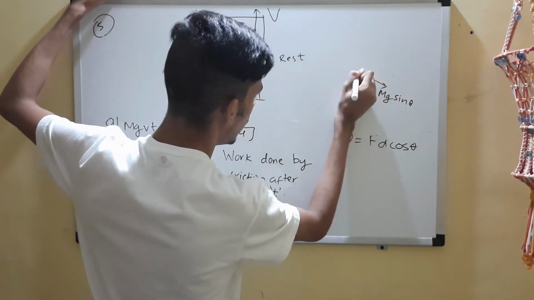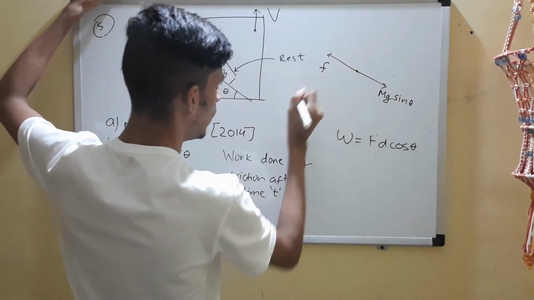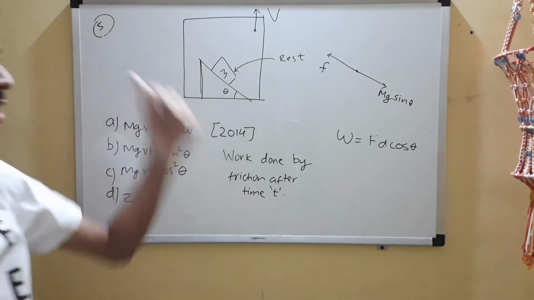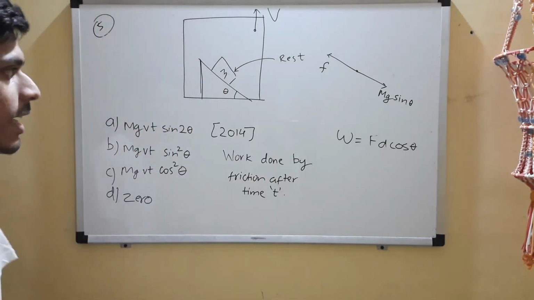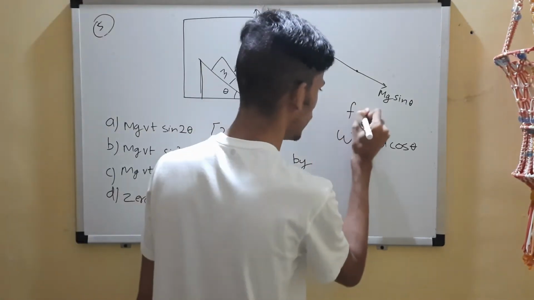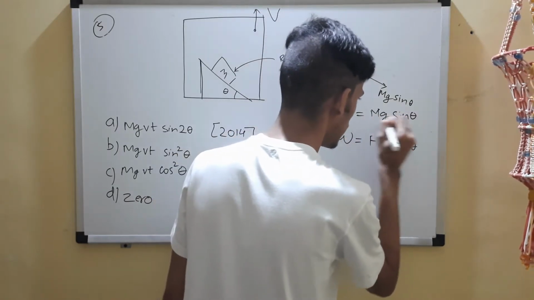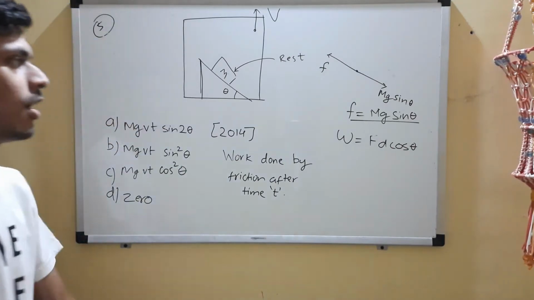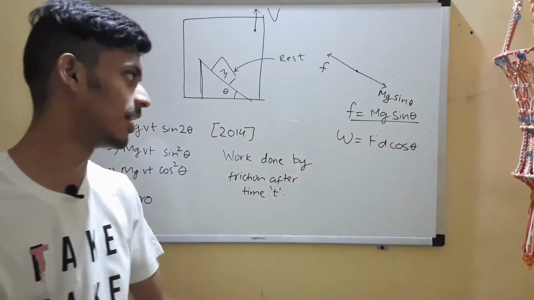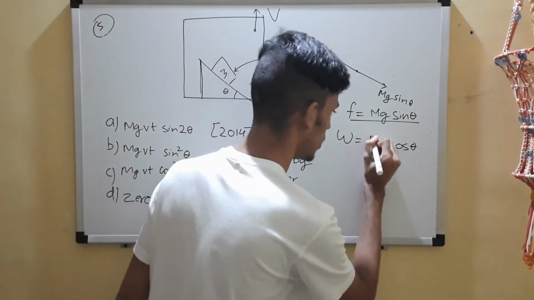Up the incline we'll have the frictional force which is preventing the block from sliding down. These two forces will be equal because the block is at rest. So F equals mg sin theta. So we found the frictional force.